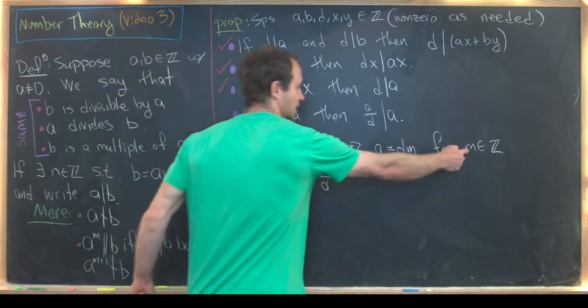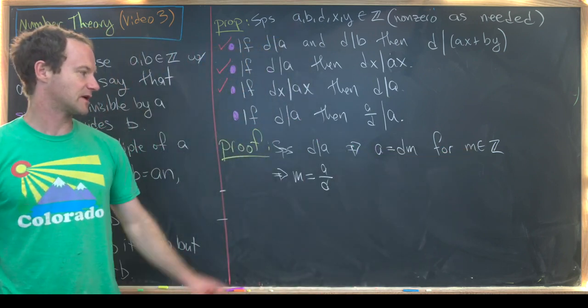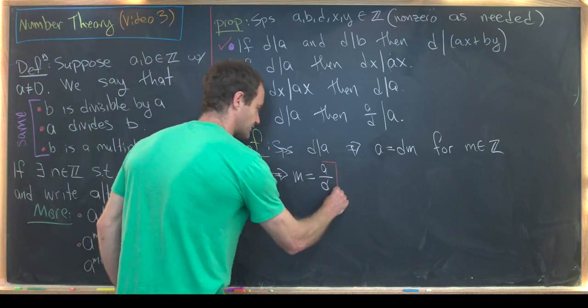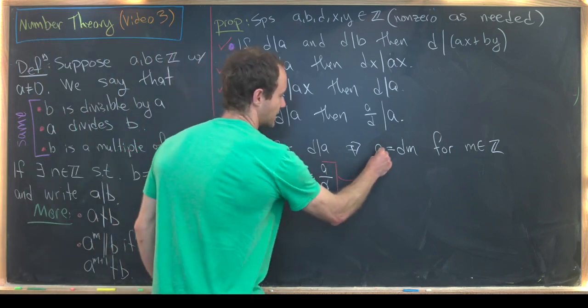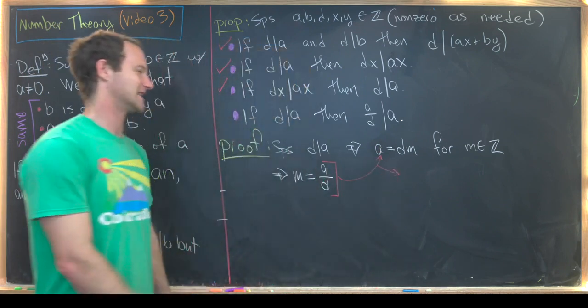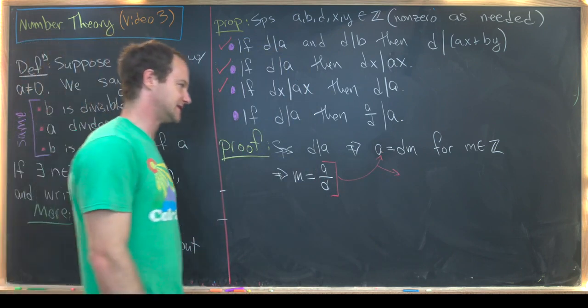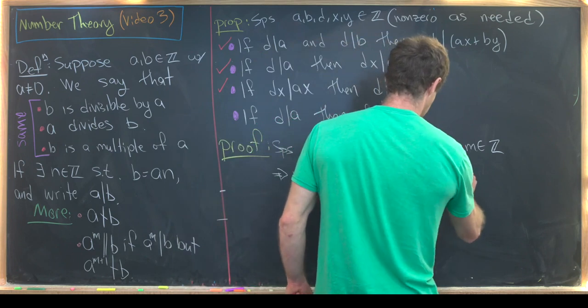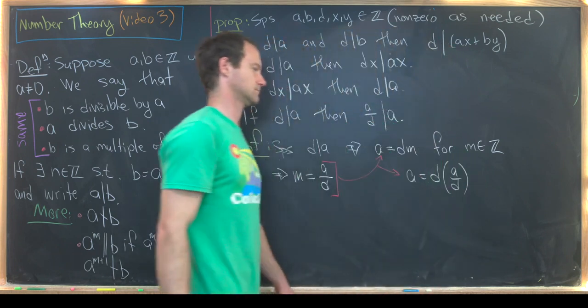But given the fact that we know that m is in Z up here, this is okay. But now we take this expression for m and plug it into that expression involving a and d, and we see that we have a equals d times a over d.